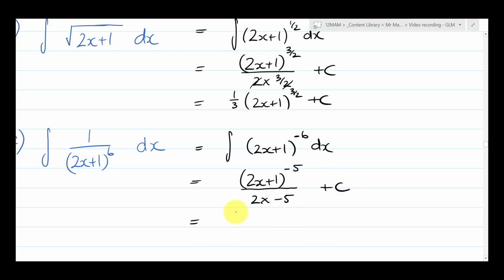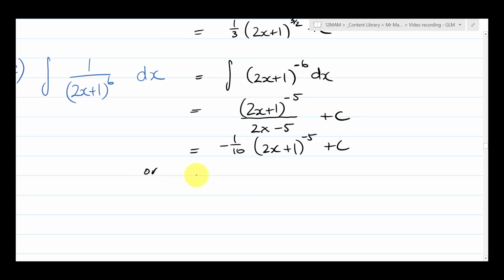And so this, of course, is equal to negative 1/10 (2x + 1) to the power of negative 5, plus c, or, and they're both right, negative 1 over 10 times (2x + 1) to the power of 5. So just take out that negative power and put it in the bottom of the fraction as the other alternative way of writing it. And of course, usually it's a good idea to go back to the form that you've been given the question in, but really at this stage of the game, it's probably not going to matter.